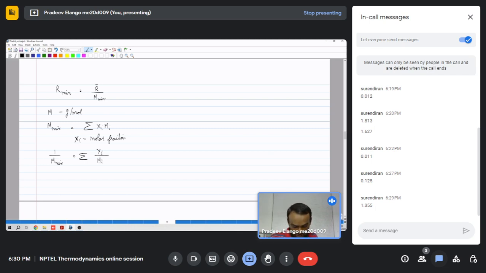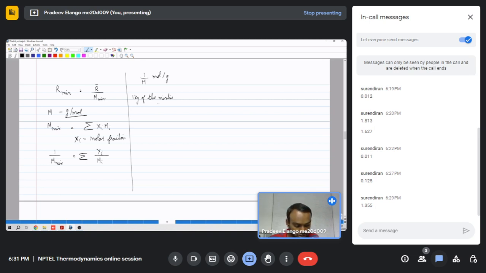So how do we get this? This is in gram per mole. If you assume a unit, 1 by m is mole per gram, and now you have the mass fraction. So in 1 kg of the mixture, you can start calculating how many moles of each fraction will be there, and you can sum it up to get the total moles of the mixture.